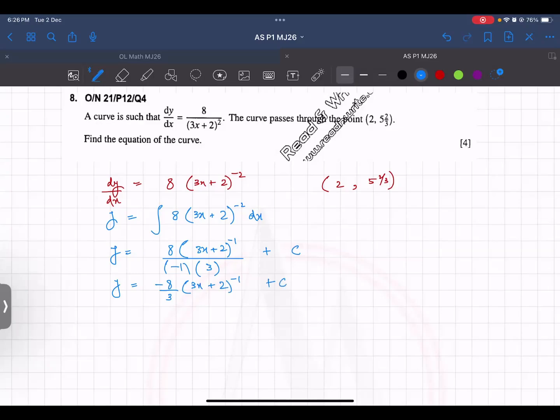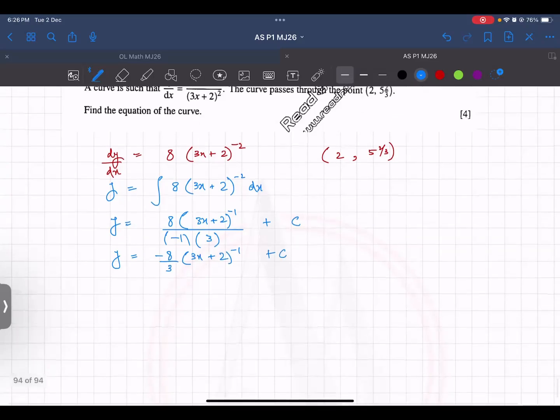Now use the point that is given to you to find the value of c. 5 whole 2 upon 3 is equal to minus 8 upon 3 times (3 times 2 plus 2) to the power minus 1 plus c. So 5 whole 2 upon 3 becomes 17 upon 3, plus 8 upon 3 times 8 to the power minus 1 is equal to c. 6 plus 2 is 8.